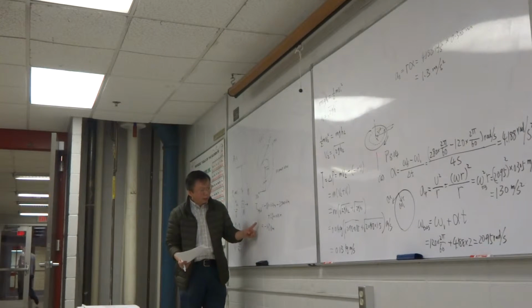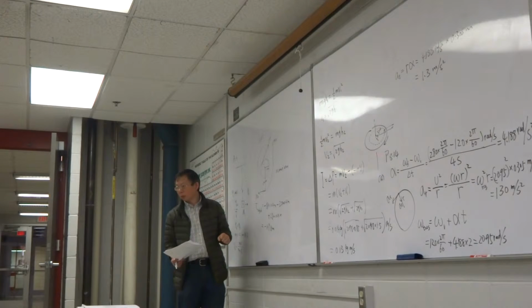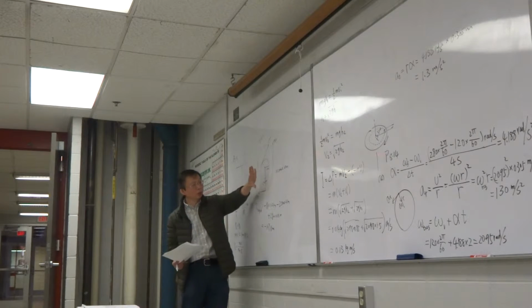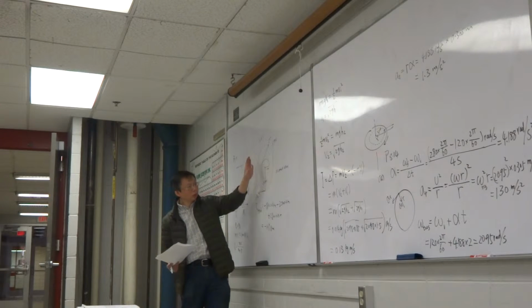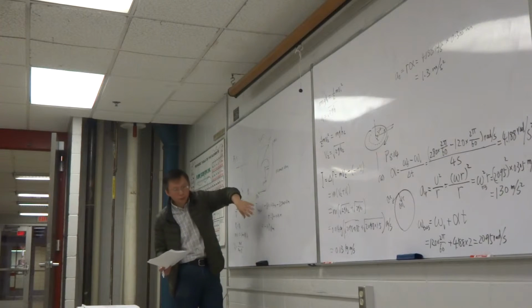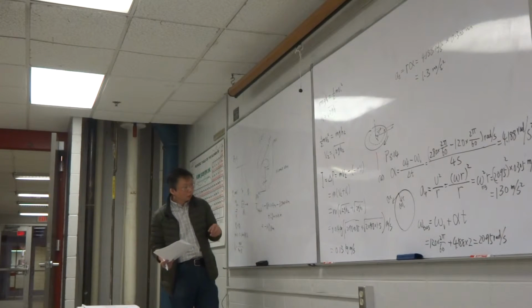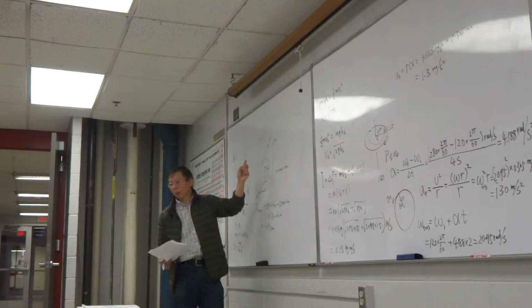So the total applied torque is negative. So that means the total applied string force tries to rotate this wheel clockwise. So the direction of friction torque should be opposed to that direction.